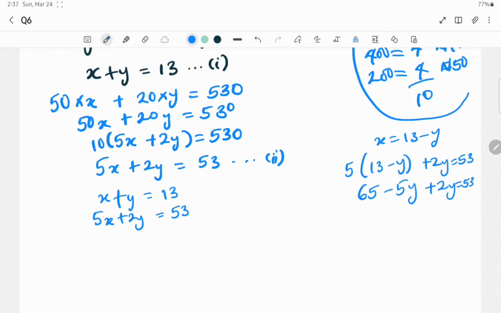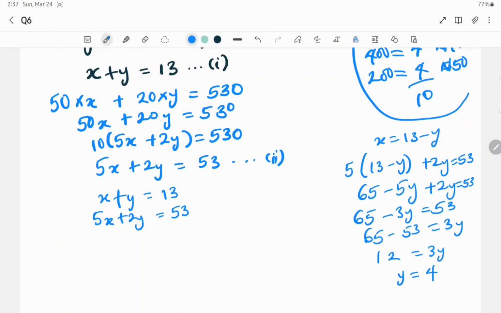Now, 65, negative 5y and positive 2y will give me a negative 3y equals to 53. Then if I'm to collect like terms, if my 3y goes to the right side and my 53 comes to this other side, I'm going to have 3y equals to 12, and my y is definitely 4.